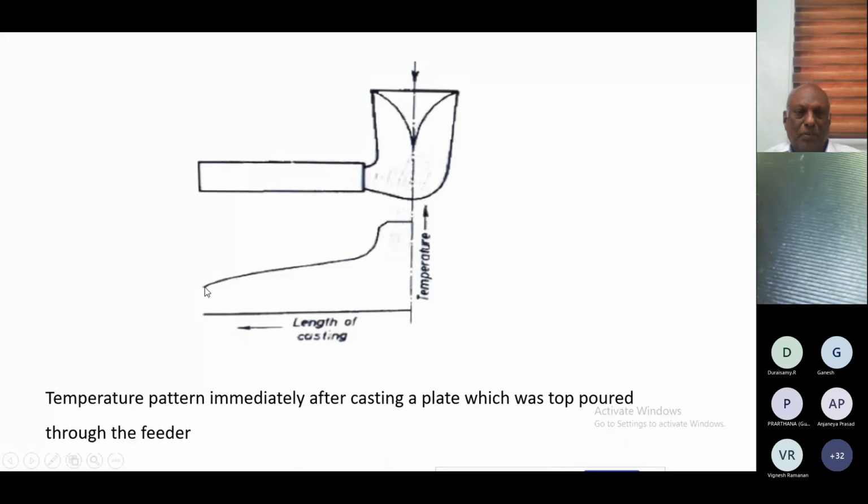At the tip, at the end zone, it is lower, and goes on increasing. Then at the riser, it is suddenly very high because of the amount of heat in the riser. This is the temperature pattern from the pour through the feeder.